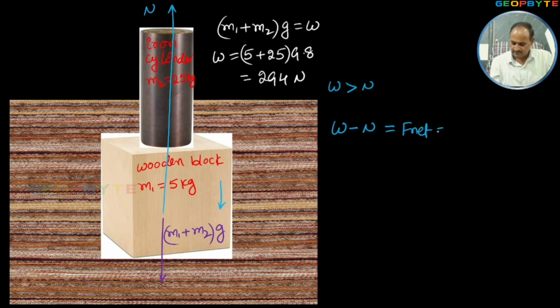This net force must be equal to total mass multiplied by acceleration. Weight, 294, minus normal reaction N is equal to total mass, where M is nothing but M1 plus M2, which is 30, into acceleration 0.1.